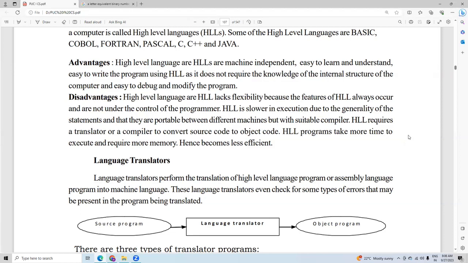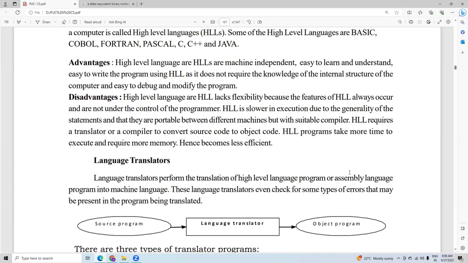Then he has to translate it to Japanese and explain it to the Japanese person. And when the Japanese person replies, the mediator should understand, translate, and tell it to you. If the communication is like this, automatically slow. Assume that both of you know some common language and you are communicating directly, then communication would be faster. The same case is here also in the high level.